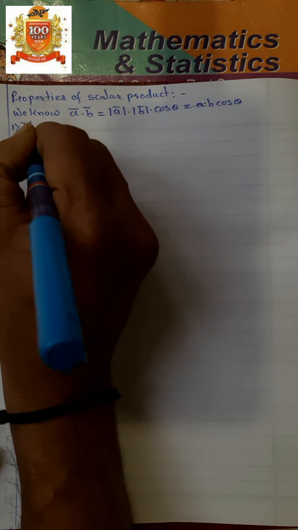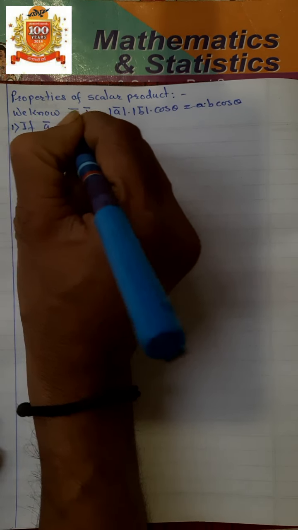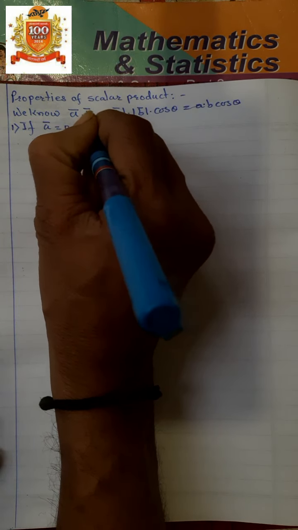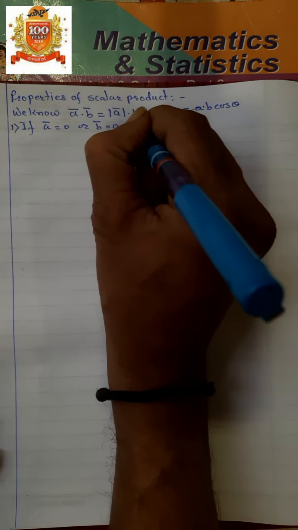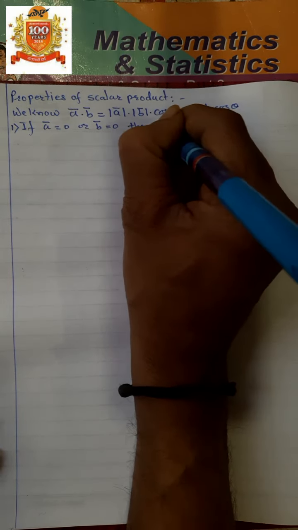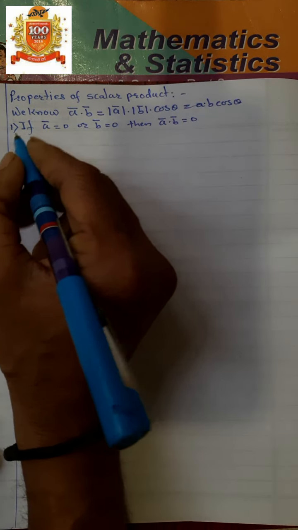If a bar is equal to 0 or b bar is equal to 0, then a bar dot b bar is equal to 0. This is the first property.